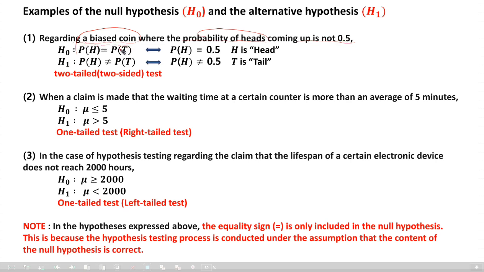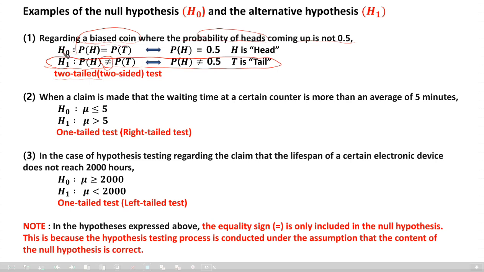If it is a very new coin, then nobody has that kind of question, because the probability of heads is 0.5. So what is the problem raised? The probability of head is not equal to the probability of tail. Since it is not equal to, we say two-tailed, two-sided test.